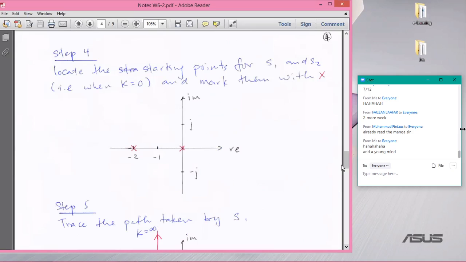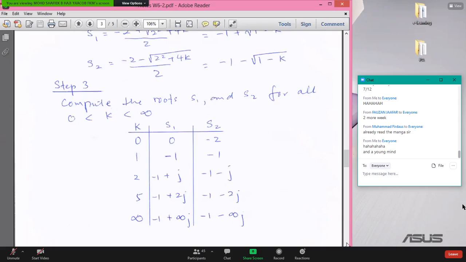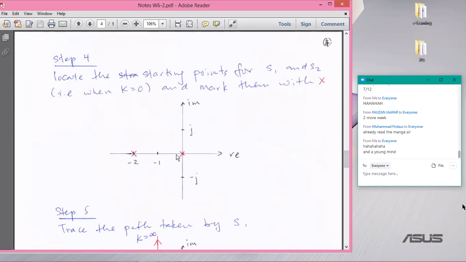You start with k equal to 0. This is the value of s1, and this is the value of s2. s1 starts at 0, s2 starts at negative 2.